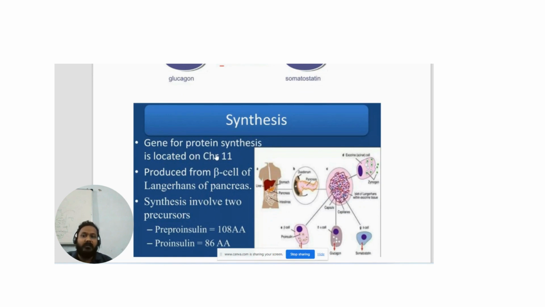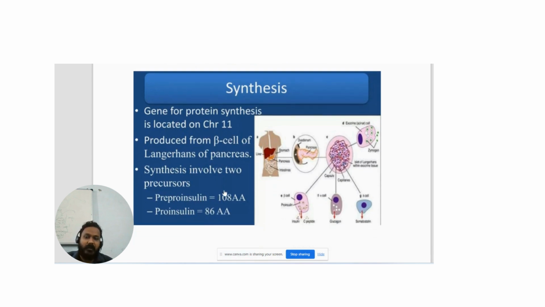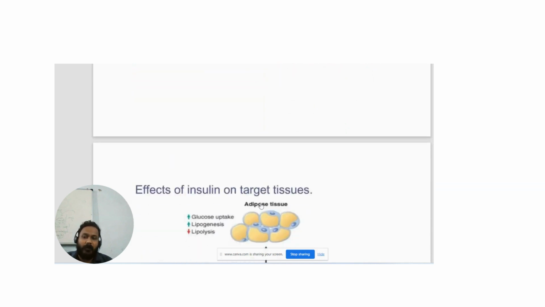The gene for insulin synthesis is located on chromosome 11, produced from the beta cells of Langerhans of pancreas. Synthesis involves two precursors for insulin. The first precursor is pre-proinsulin, which has 108 amino acids, and proinsulin, which has 86 amino acids.